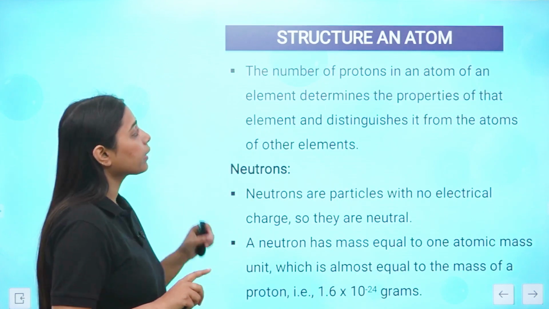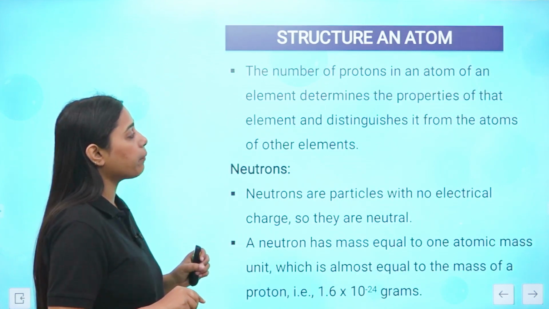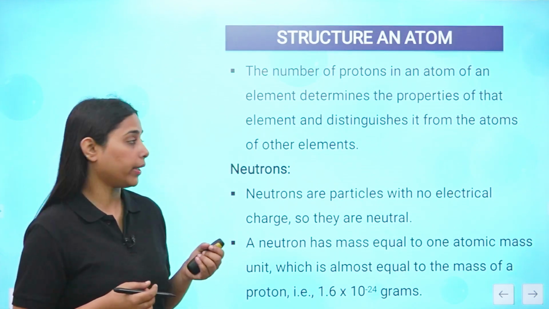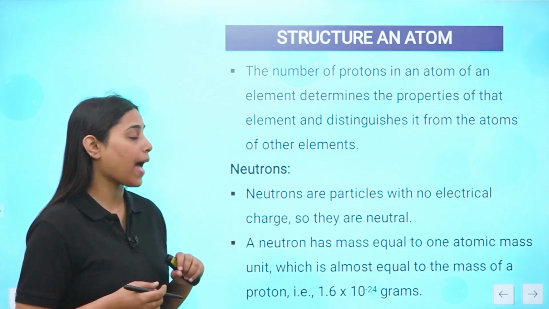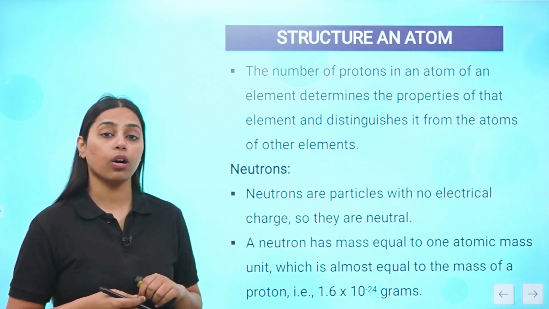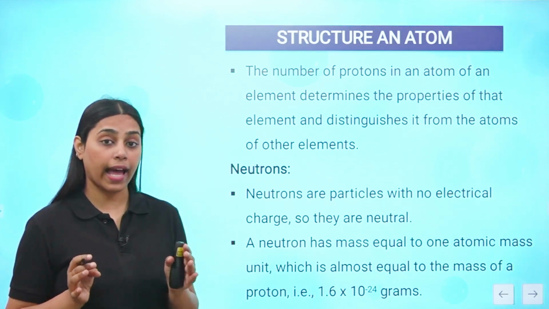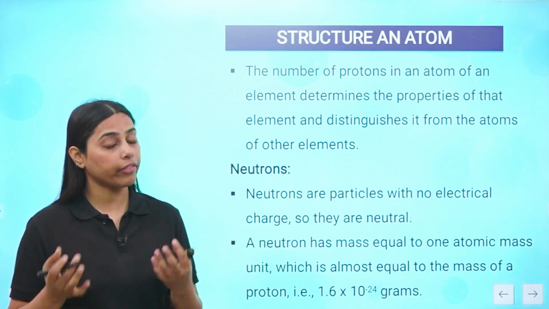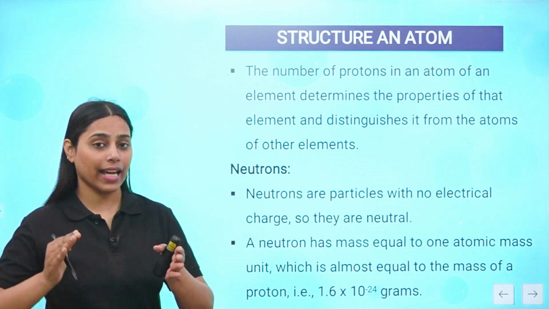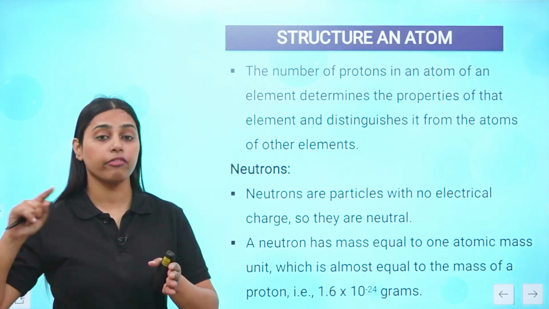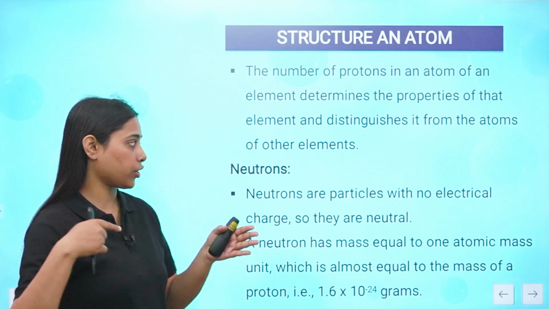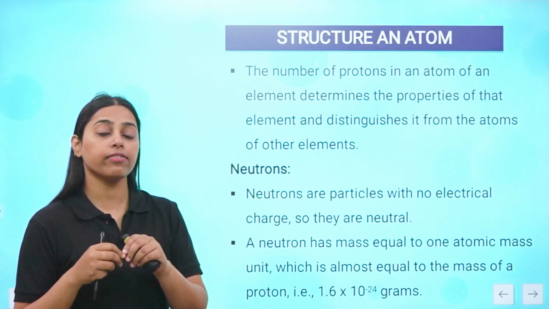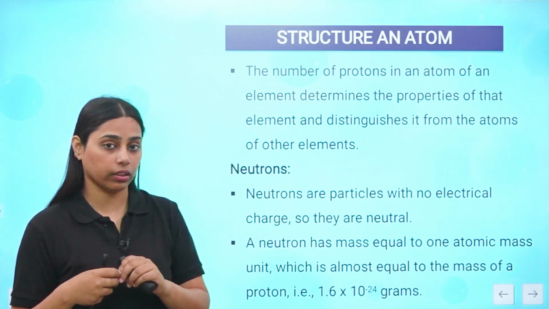The number of protons in an atom of an element helps us determine the properties of that element and distinguishes it from the atoms of other elements, because each element has a different number of protons and a different number of electrons. That is the term atomic number, which we will deal with ahead in the session. So this difference in the number of protons gives a unique identity to a particular element.